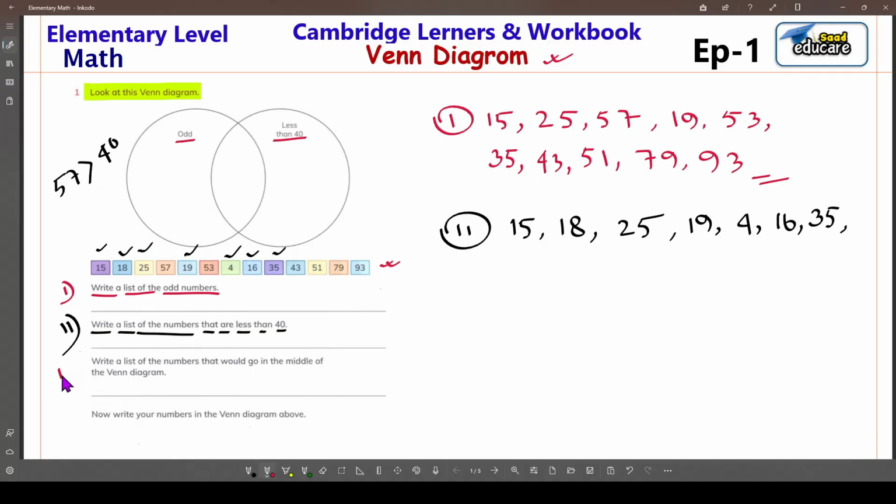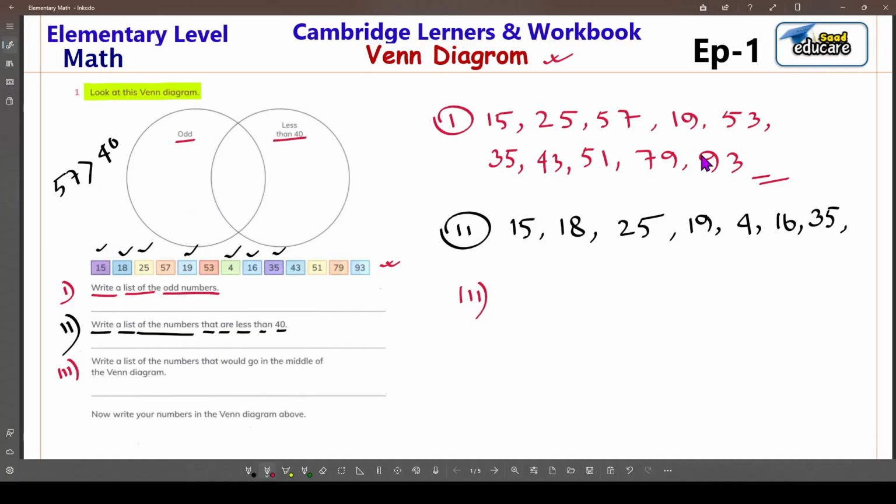Third question: write a list of the numbers that would go in the middle of the Venn diagram. So now we will find out the main thing, the middle of the diagram. What does middle mean? First of all, the kind of number which is less than 40 and also odd.